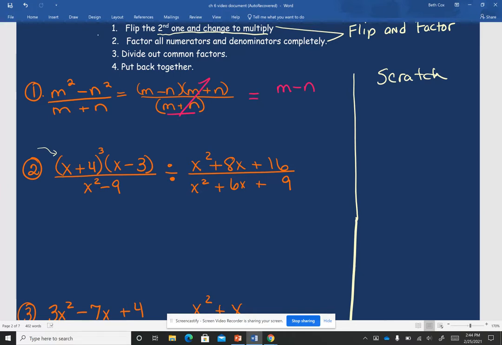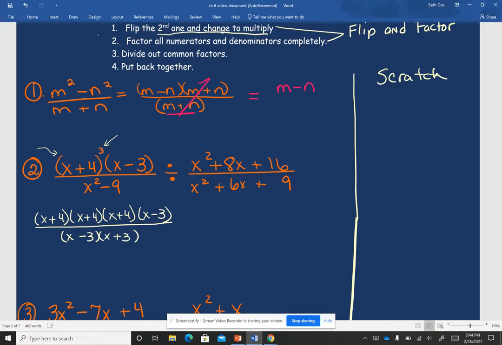It actually just needs to be written out. Remember that 3 there means there's 3 of them? So we're going to write it all the way out. It's in factored form, but I need to write that all out. Now the denominator, I have x squared minus 9. That's a special case, x minus 3, x plus 3.